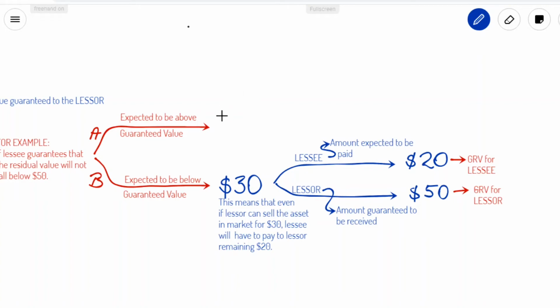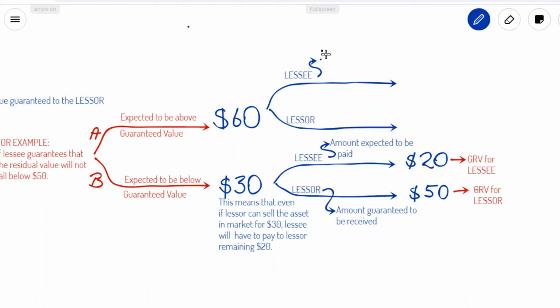Similarly, if the value of the asset increases above $50, for example, if at the end of the useful life the asset's value is $60, in that case, the lessor can simply sell it outside at $60, but because he has received a guarantee for $50, those $50 would be included in the lease payments to be received by him.